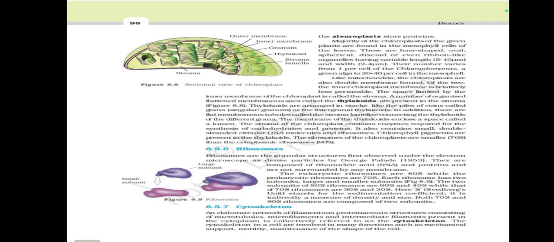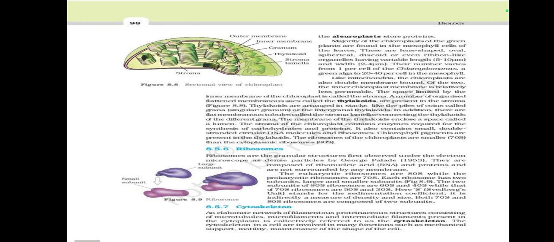The majority of the chloroplasts of the green plants are found in the mesophyll cells of the leaves. These are lens-shaped, oval, spherical, discoid, or even ribbon-like organelles having variable length, 5 to 10 micrometer, and width, 2 to 4 micrometer.